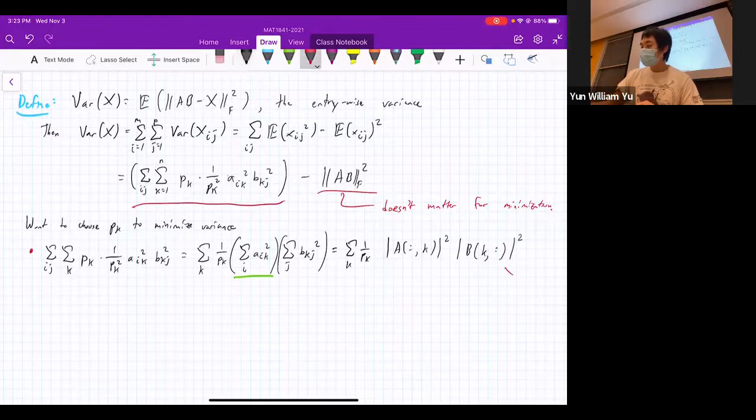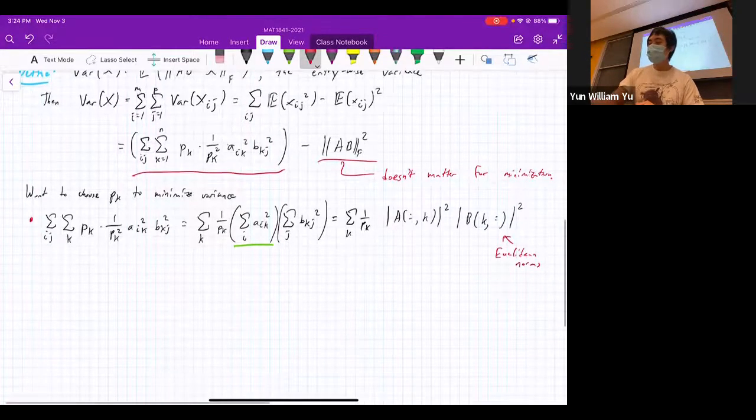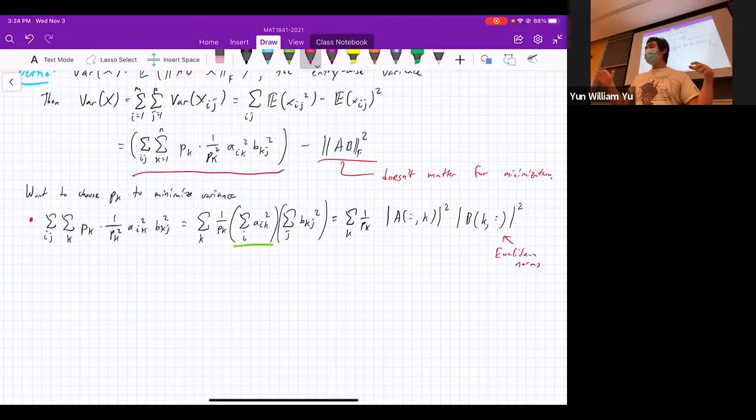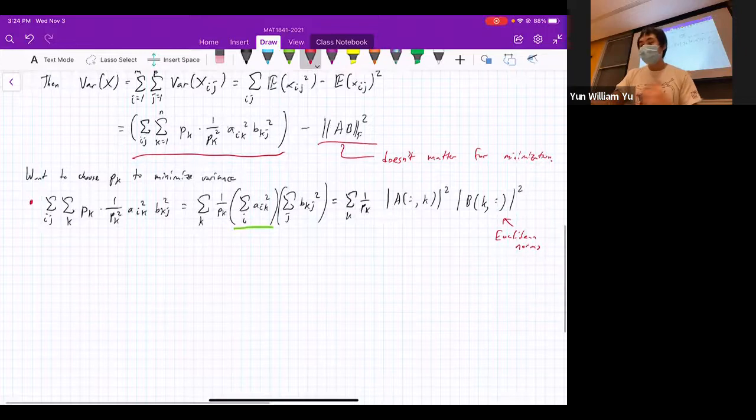So these are Euclidean norms. And this starts getting at how we ought to be doing the sampling, right? So we know that the variance is basically determined by the squared Euclidean norm. So it's determined by the squared lengths of each of the columns and rows, thought of as vectors in your high dimensional space. And now we want to minimize this.